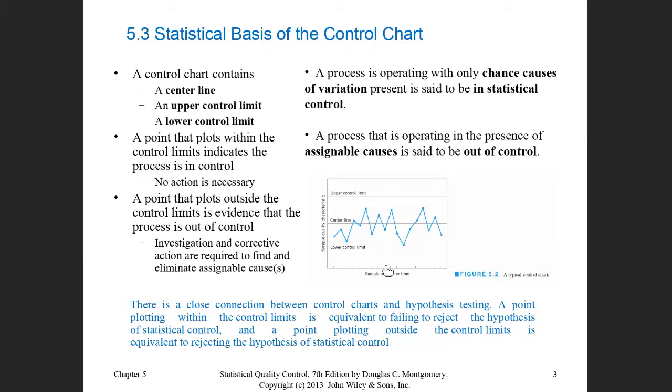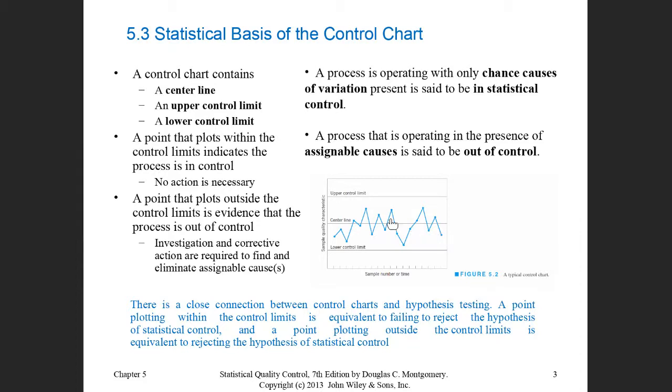When the process is in control, there is still variation like what you see here. This is considered common causes of variation, or chance causes of variation, because all points are inside the control limits.